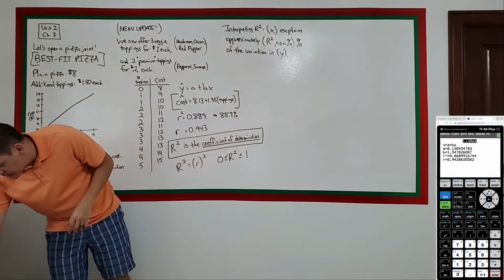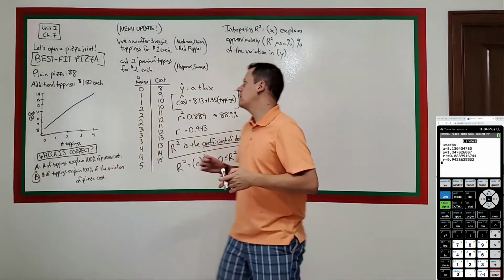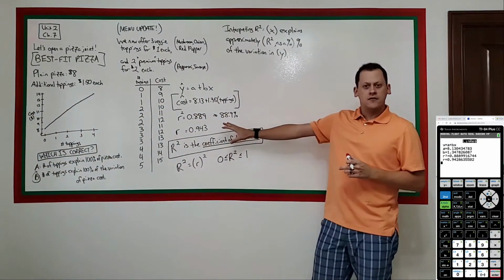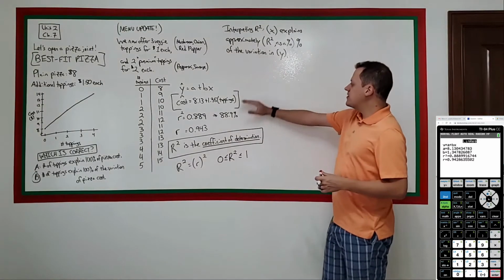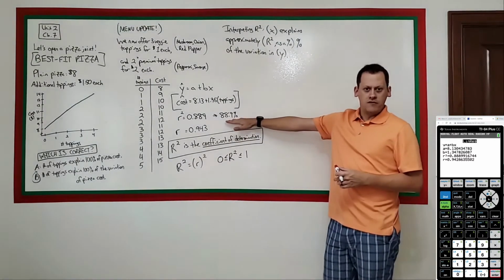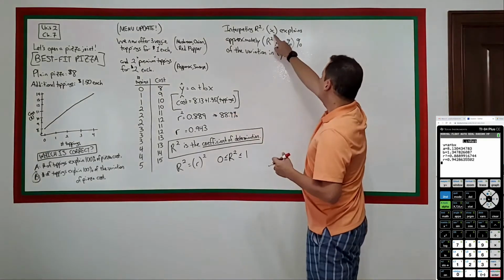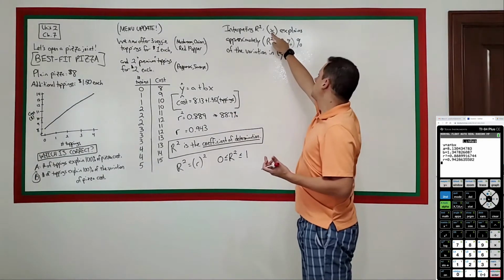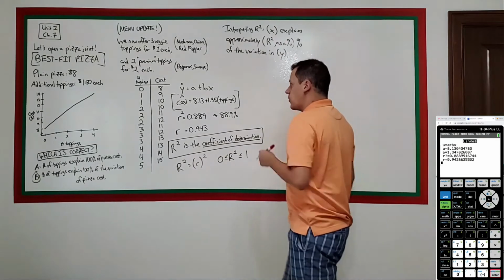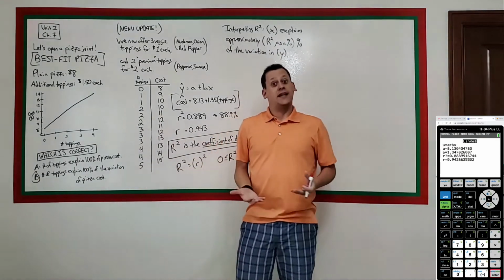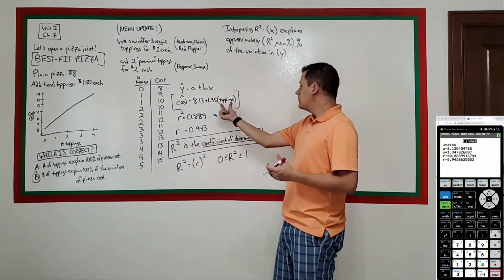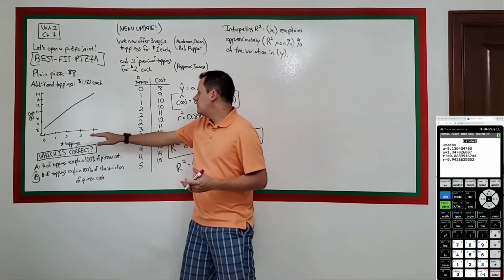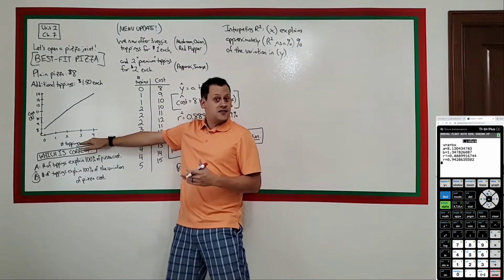So, let's see how that plays out when we put it in the context of what we just did with our pizzas. Let's interpret this R squared value. Well, x, the variable x, is going to be the number of toppings. It's our explanatory variable, right? You can find it here in your model. You can find it on the horizontal axis if you've made a scatter plot.